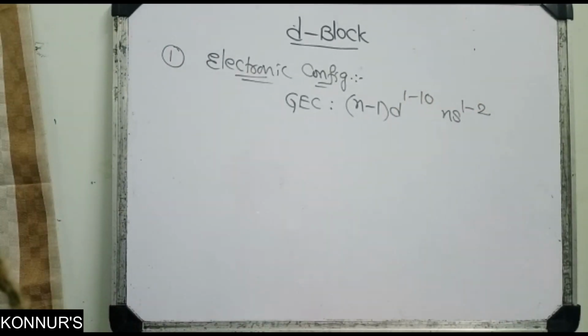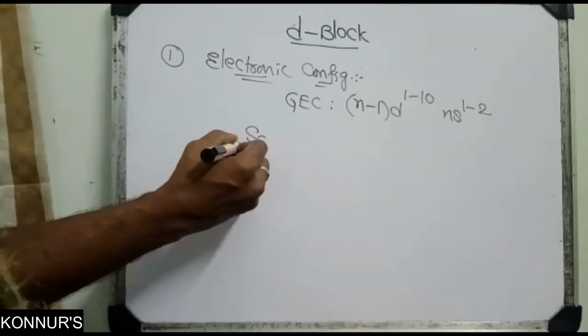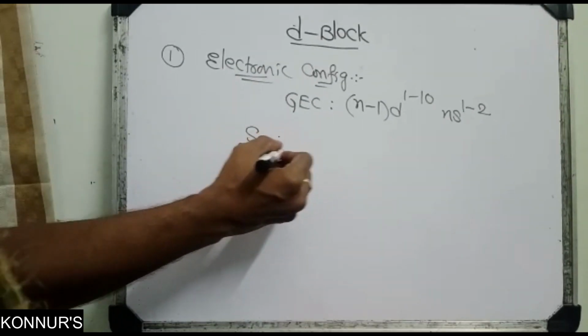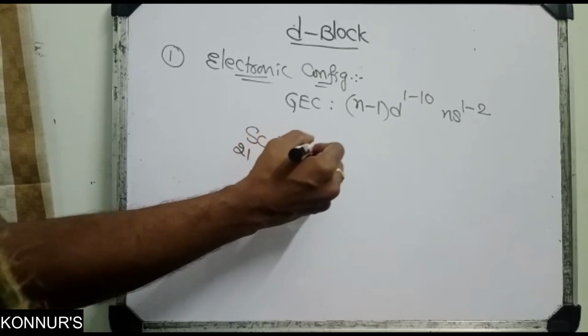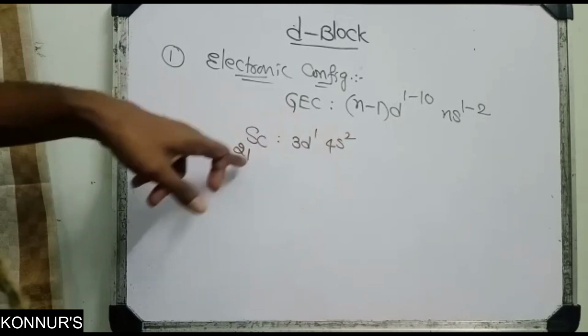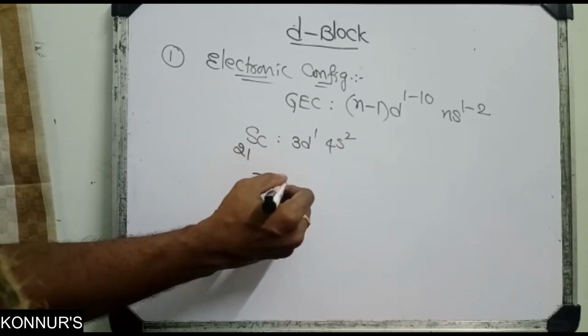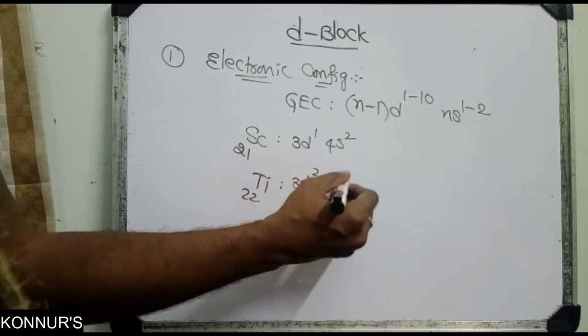Suppose you take scandium, that is 21. The general outermost electronic configuration you write as 3d1 4s2. Titanium 22 is 3d2 4s2.